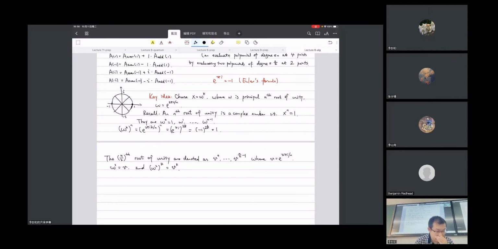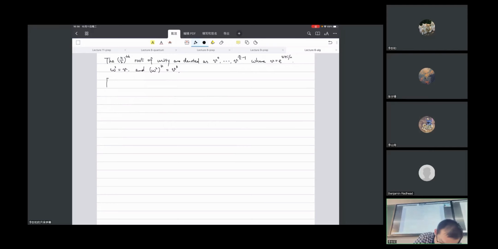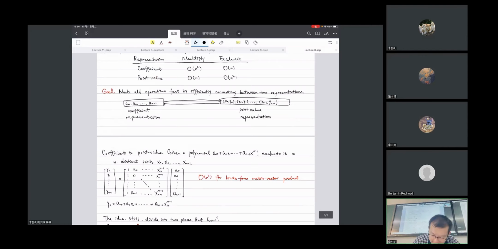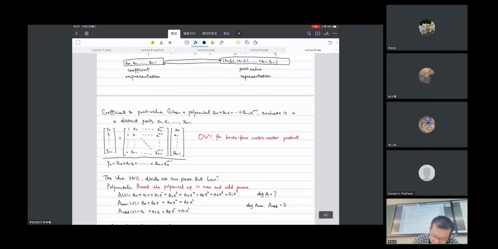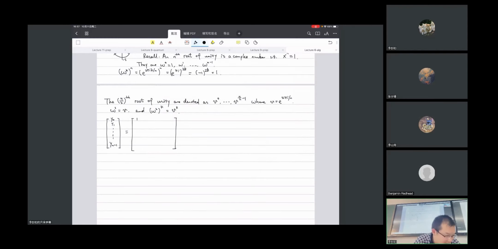Okay. So here the matrix becomes something like this. We have y0, y1 until y n minus 1. I'm writing this again, but here I pin down the points that we are going to choose: the nth roots of unity. So the first row is all ones. The next row is 1, omega, omega squared, until omega n minus 1.